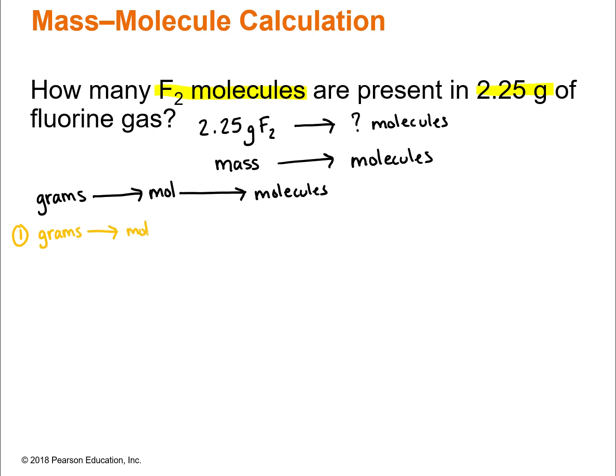Whenever you're converting grams to moles or moles to grams, you have to use molar mass. The molar mass of fluorine is going to be the atomic mass of fluorine times 2.